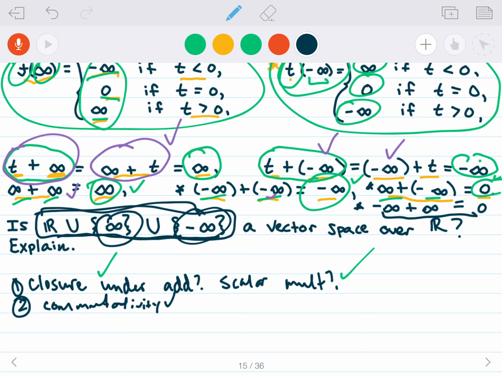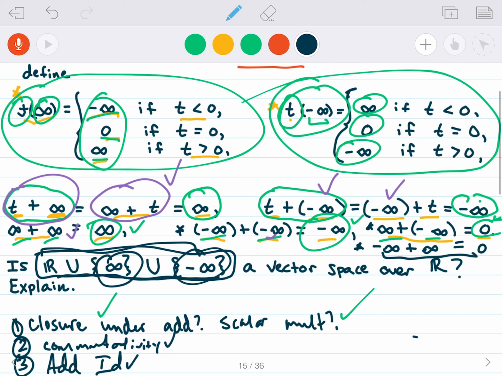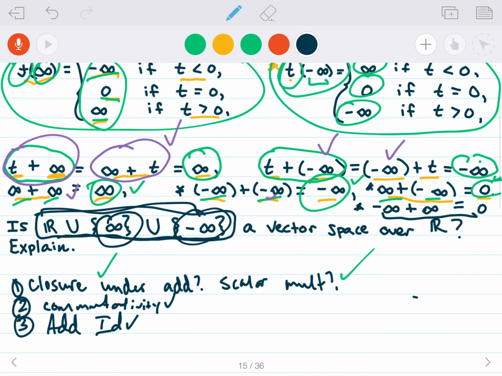What about additive identity? Yes, because 0 is the additive identity. We know that for real numbers, but it also works with infinity and negative infinity, right?